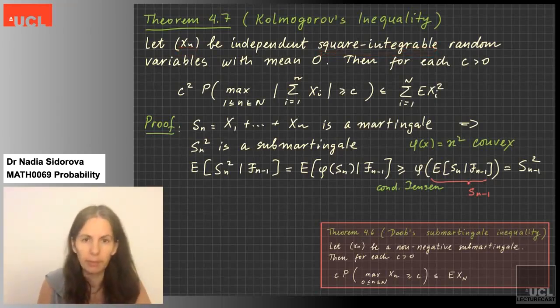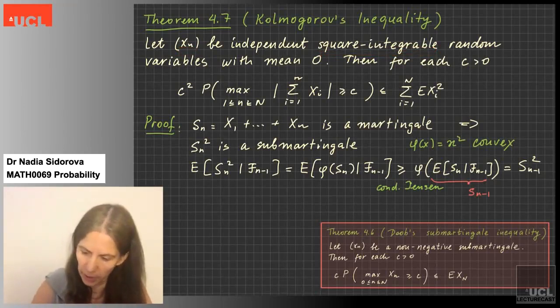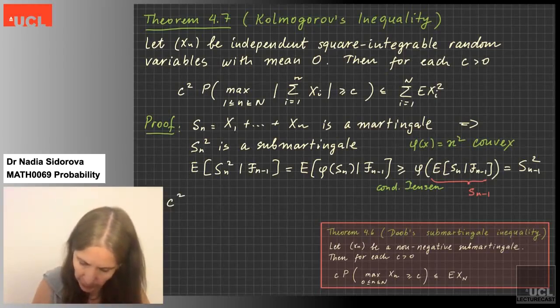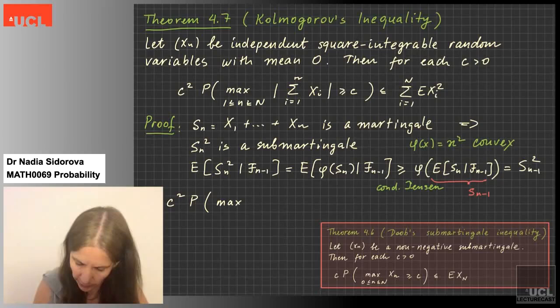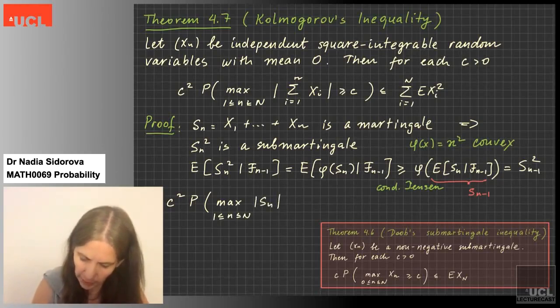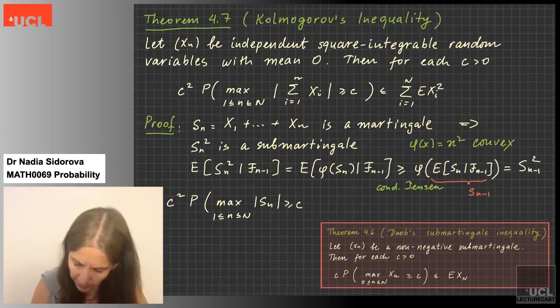Now I will simply apply Doob's inequality to it. C squared times the probability of the maximum of mod Sn, because this is just Sn, being greater or equal than C, is equal to, as I said, I'm just going to square both sides of the inequality.